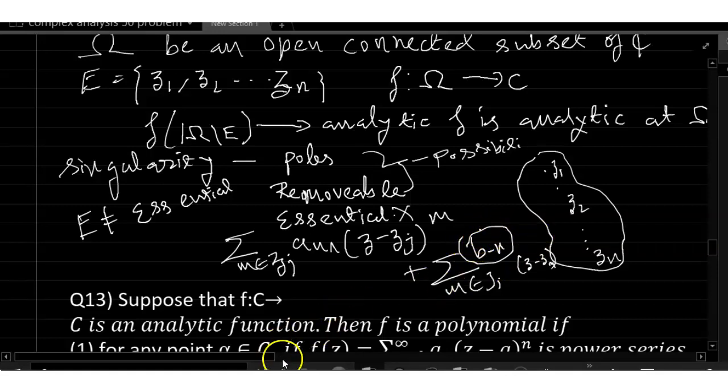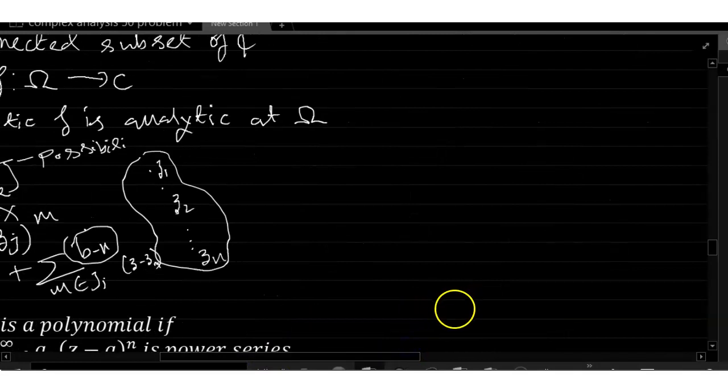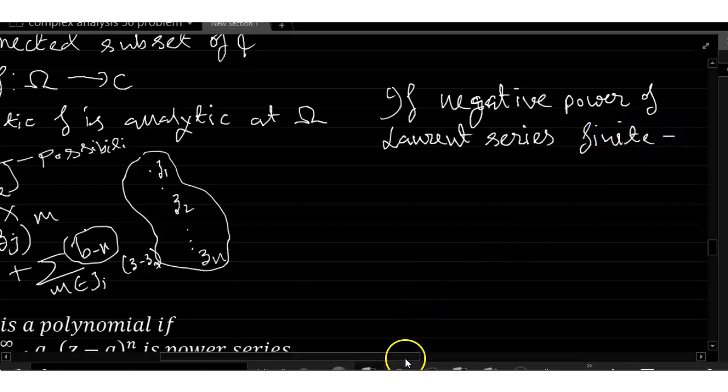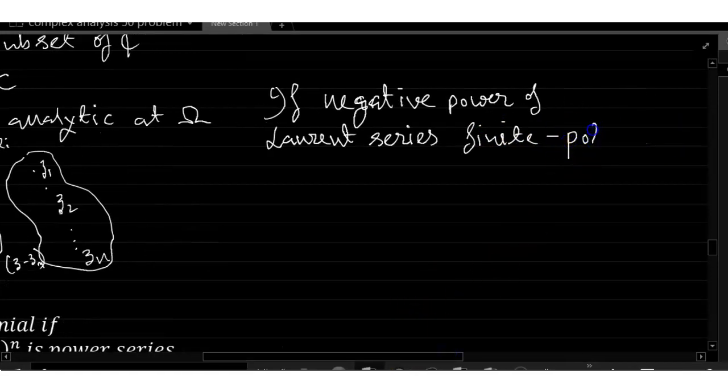If the negative power of the Laurent series is finite, then it is a pole.